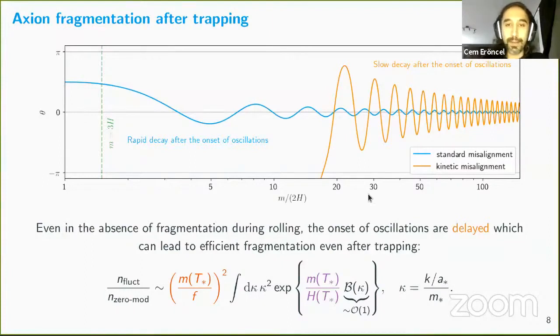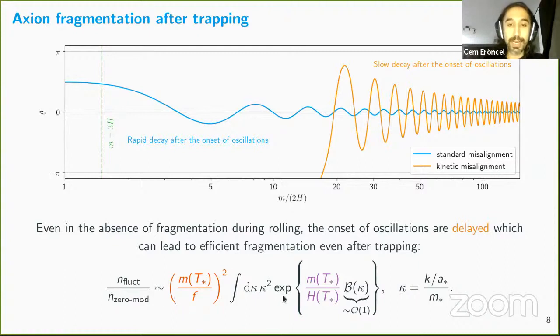So we can even calculate this effect semi-analytically. And if we do this, what we have found is as follows. Here I'm showing the ratio between the number density in the fluctuations and the number density in the zero mode. And what we have found is this quantity is proportional to the axion mass at trapping temperature over F, and this quantity is squared. So we have a large suppression from this factor.